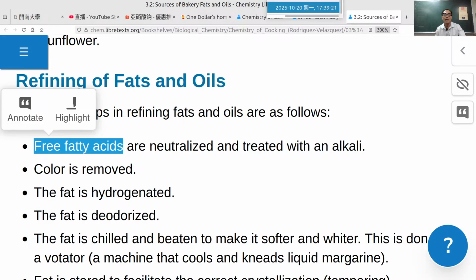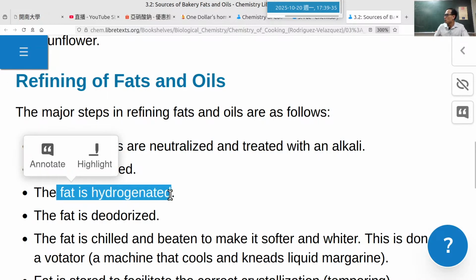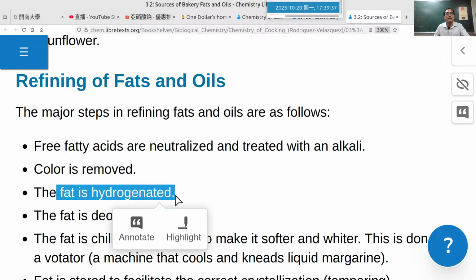Okay, and the color is removed, and the fat is hydrogenated. It depends. For example, for plant oil, for some purposes they should run the hydrogenation, but it depends on the purpose. If I just need pure olive oil or pure sunflower oil, we don't need to run the hydrogenation.